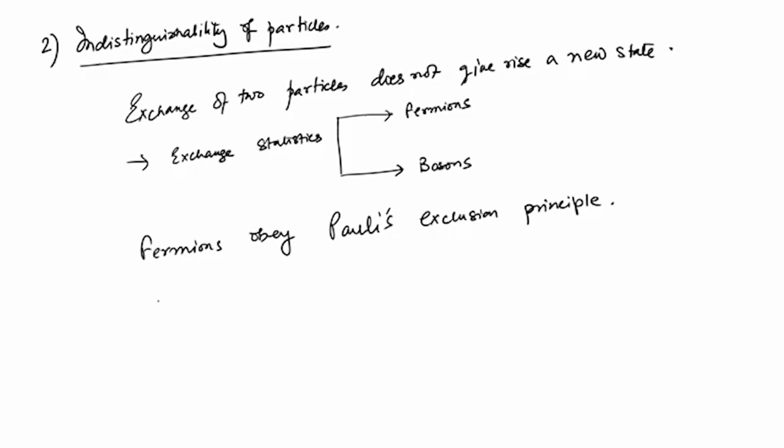We will see all of that. And bosons have no problem in occupying any number, basically no constraint on the number of particles occupying single particle states.